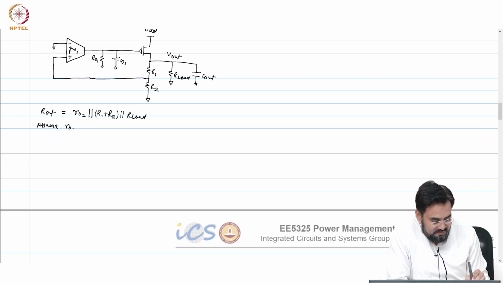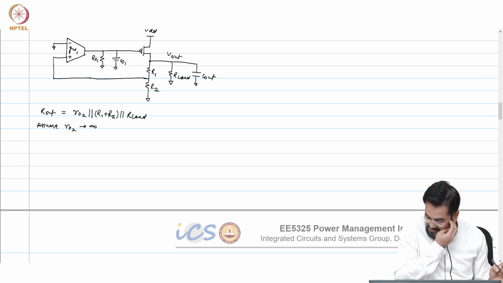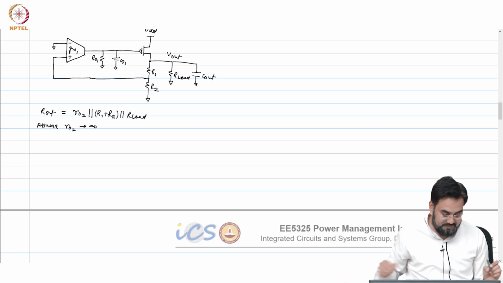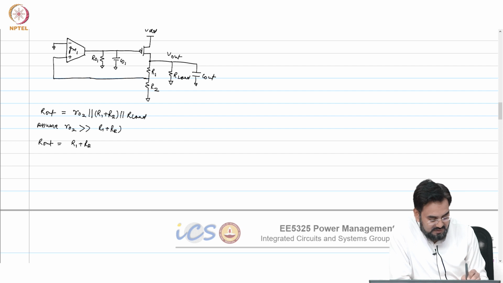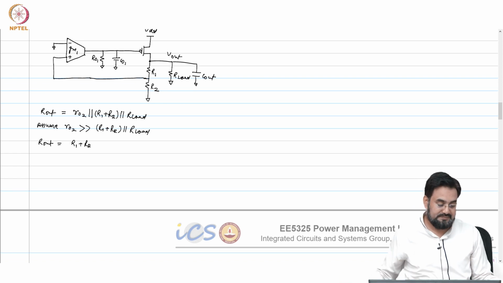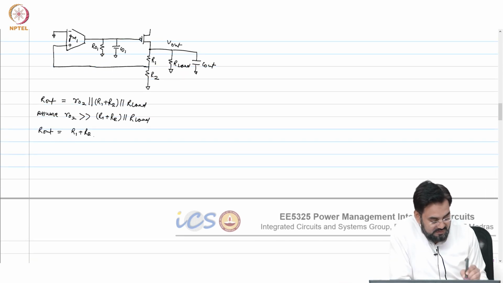Assume RO2 tends to infinity, let's make this much larger than R1 plus R2.